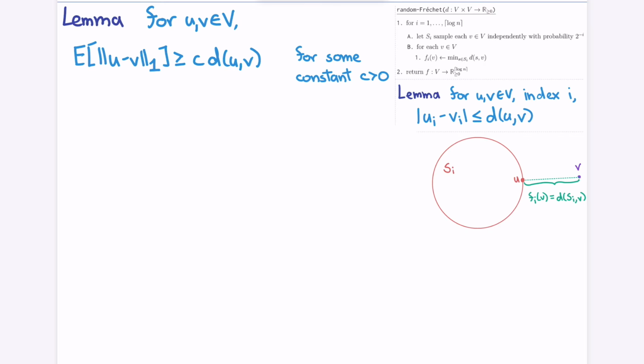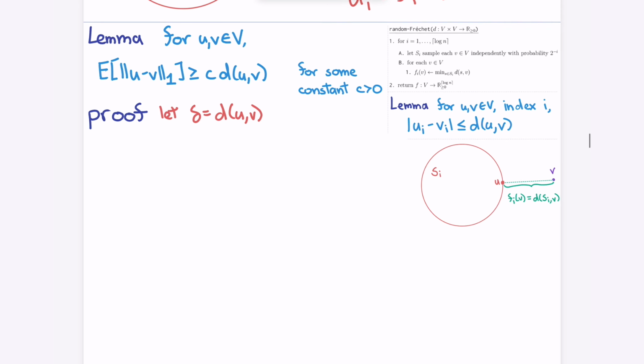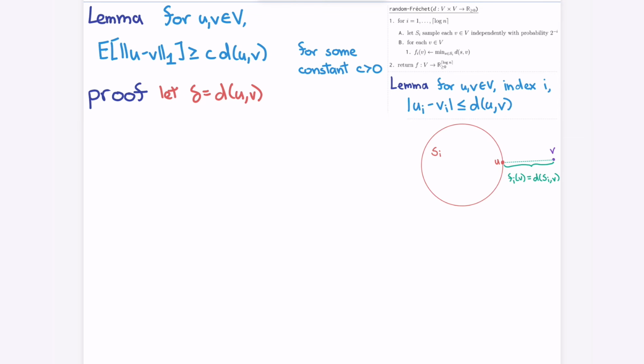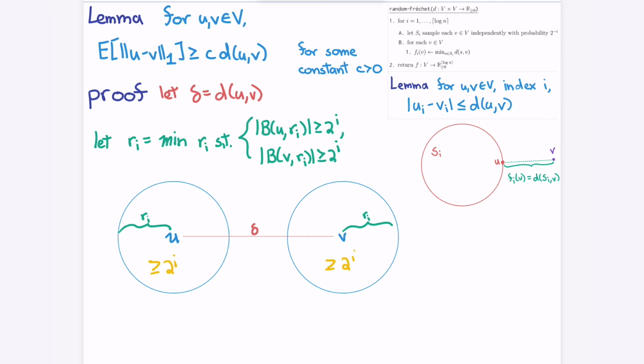Okay, I'm going to let delta denote the true distance. Now this is maybe the really clever part or part of it. Imagine I grow balls of certain sizes around each vertex, based on the radius: how many vertices are 10 feet away, 20 feet away, and so on.